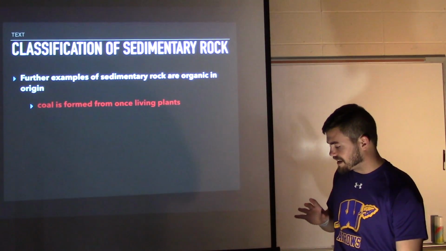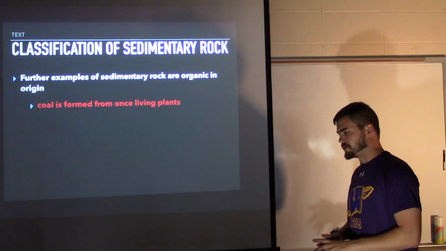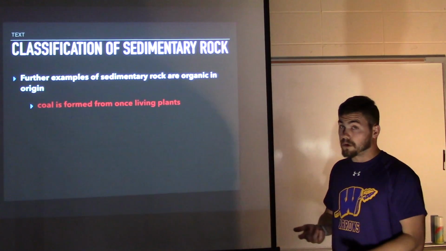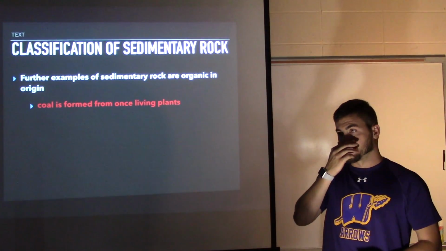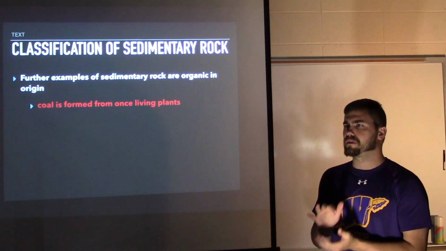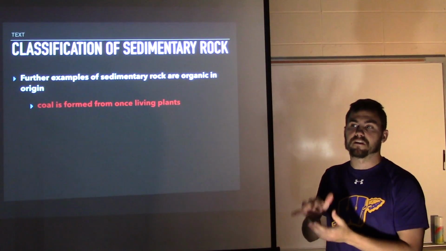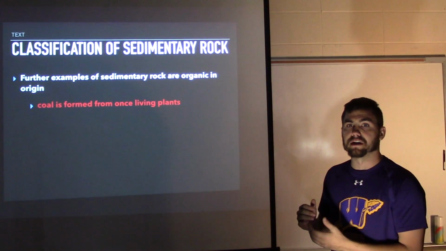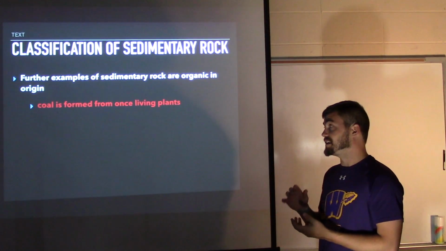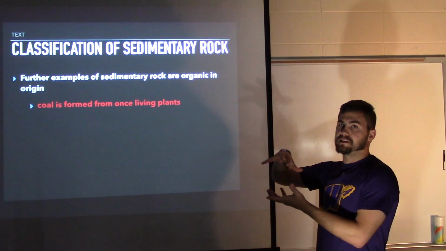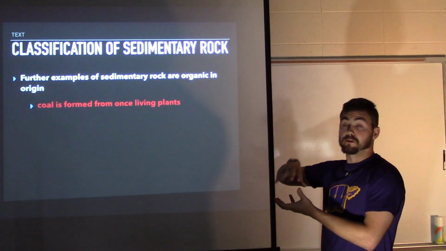There are other organic sedimentary rocks, so they fall outside the norm of all other rocks, but coal is formed from once living plants. Rather than the plant becoming fossilized, because when it's fossilized, all the organic matter is destroyed, coal is also millions of years old, but the organic material is sort of preserved.